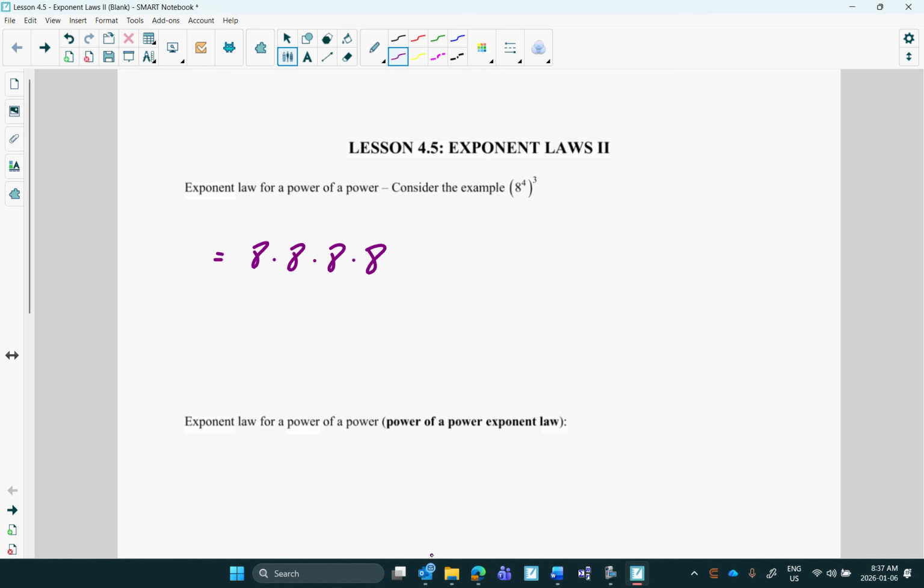We are asked to take this and multiply it by itself 3 times. So I'm asked to take these 4 8s being multiplied together, times it by another 4 8s, times it by another 4 8s. So I'm doing this.